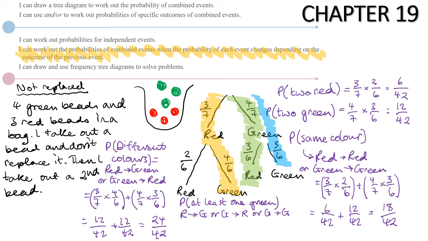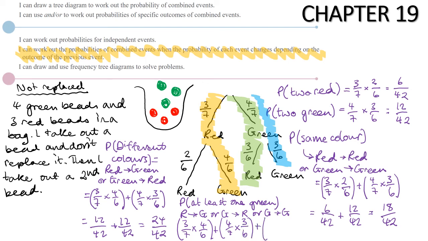So that'll be, let's do the orange one first. 3 over 7 times 4 over 6. Okay, that's one branch. Now add to that the one that's highlighted in green, 4 over 7 times 3 over 6.